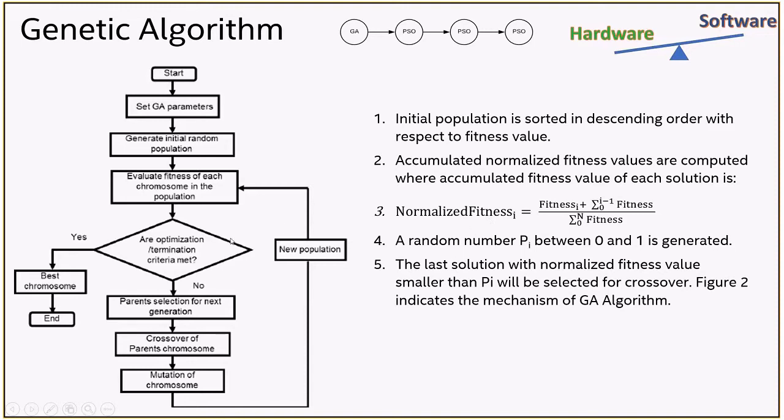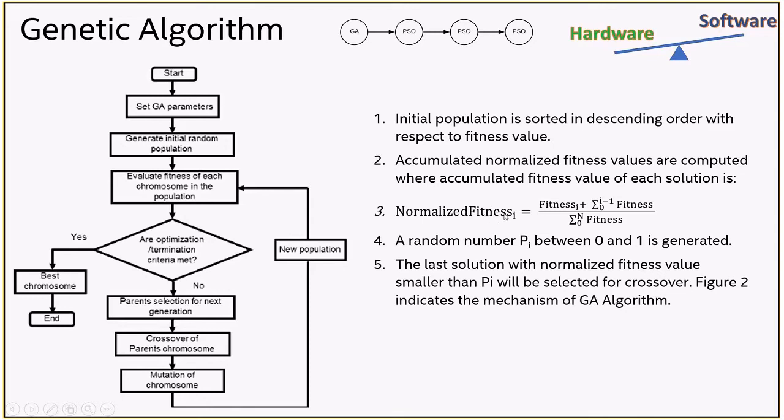So who will decide when to crossover or mutate? We take a normalized fitness function over all the population. Then the crossover will be selected randomly, and whoever has less fitness will be selected for crossover because it is not helping.